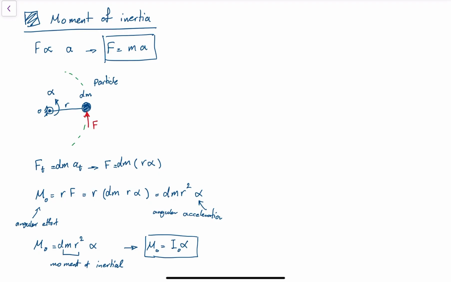Now a rigid body is essentially a collection of all these little dm's.